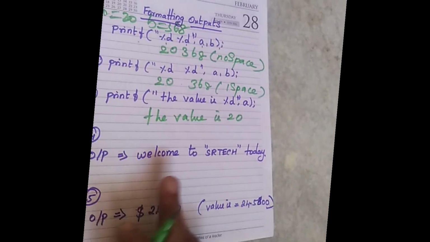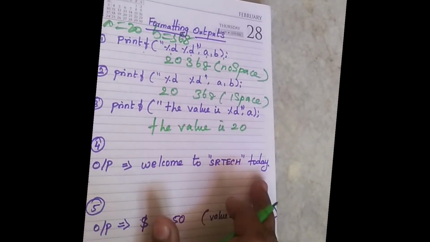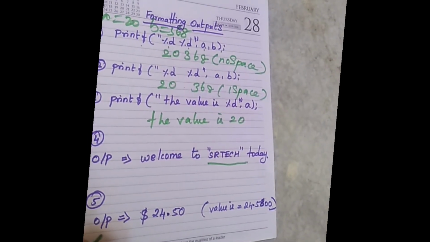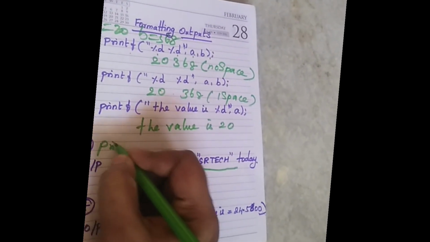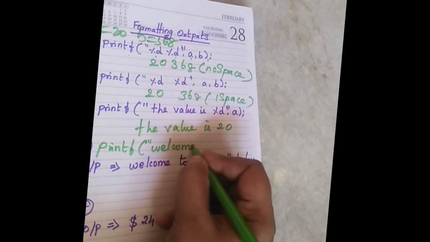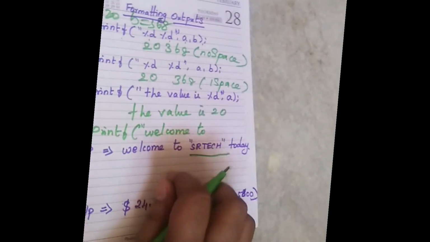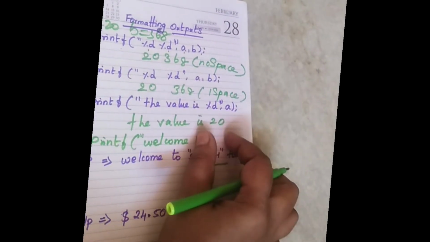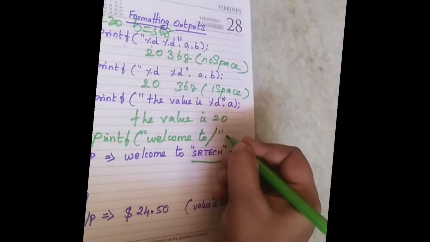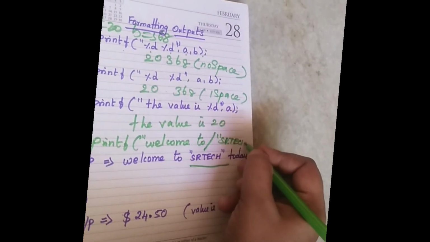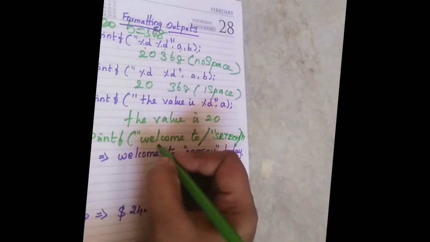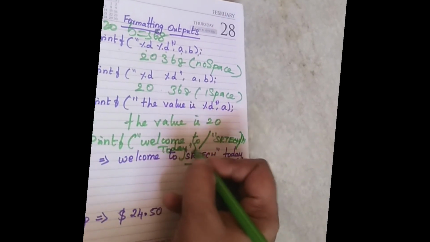Next, we consider we want to print "welcome to SR Tech today" with the quotes. Then how to write the printf statement? printf welcome to... If you give the quotes directly like this, it will not work. So instead of that, we use a backslash before the quote: \"SR Tech\", again backslash, today.